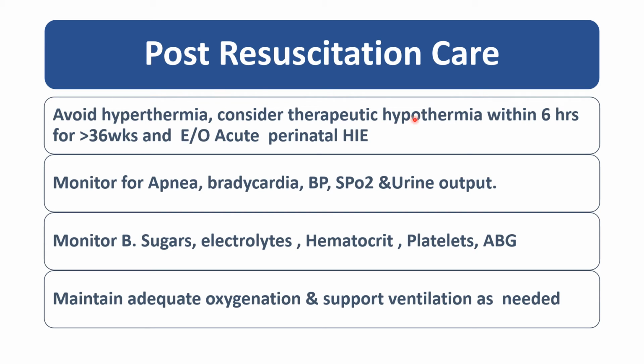We should consider therapeutic hypothermia, if available, within 6 hours of birth in full term babies with severe birth asphyxia having HIE, hypoxic ischemic encephalopathy. We should also monitor for apnea, bradycardia, BP, SpO2, and urine output. We should monitor blood sugar, electrolytes, hematocrit, platelets, and ABG in such a patient. We should maintain adequate oxygenation and support ventilation as needed.